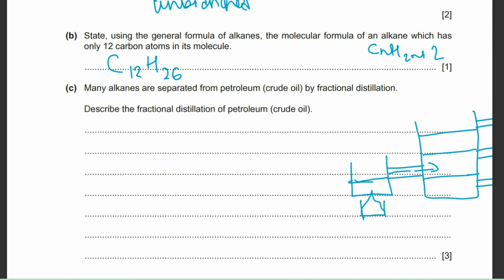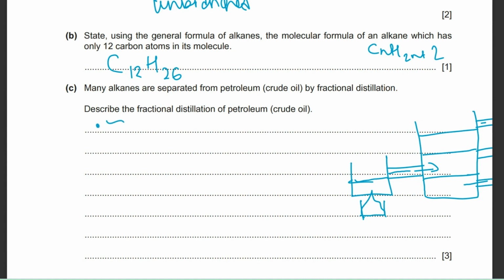Through tubes extending from the top, middle and bottom, we can get each fraction of alkanes. Here we can get light alkanes, here we can get heavy alkanes, and then it's distilled to get our choice of alkanes. So how can we write this?